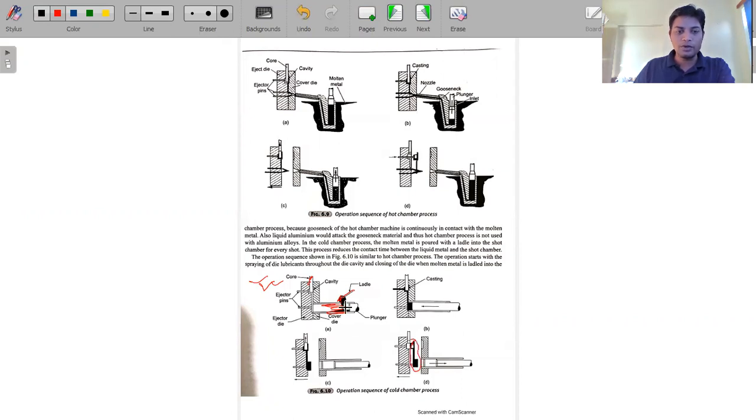So what we are doing is filling the molten material through the ladle and pushing it. As you push, the molten material, this black one that we have filled inside this cylinder, will be pushed inside the cavity. Once it is filled, we move this movable die backward in this direction, and the casting is prepared. Here we are using a kind of piston or ejecting pin, we can say.